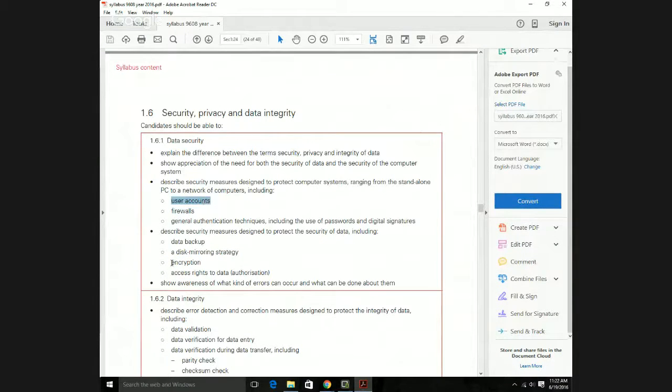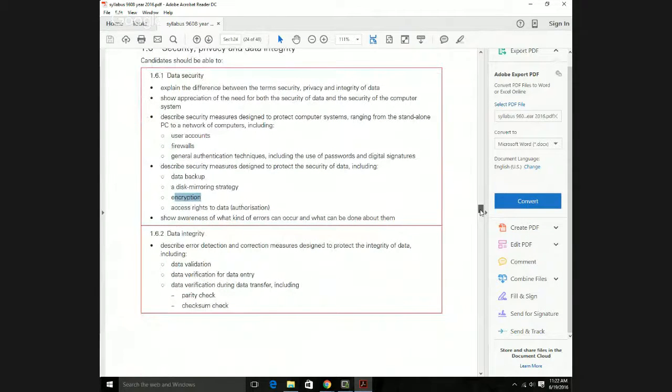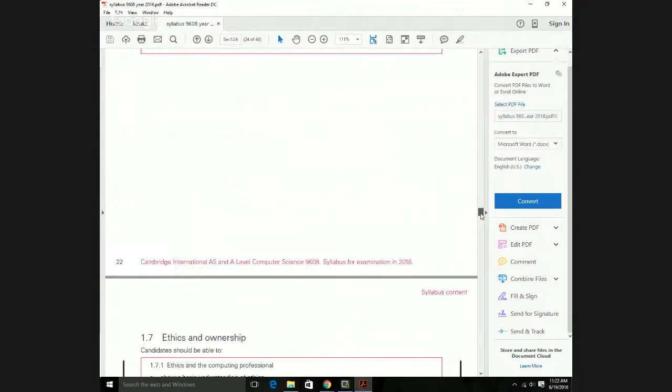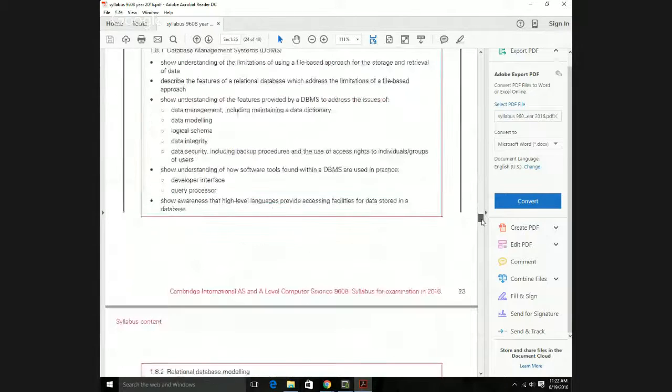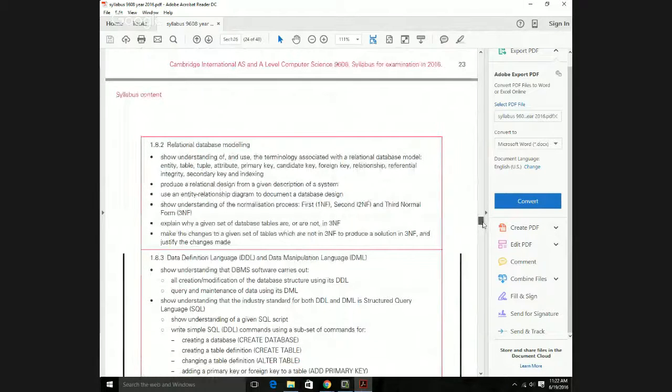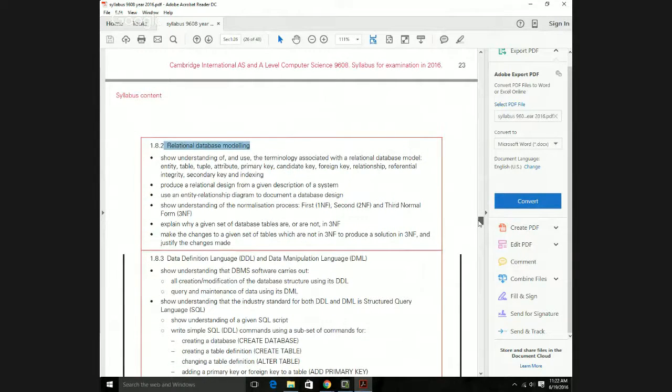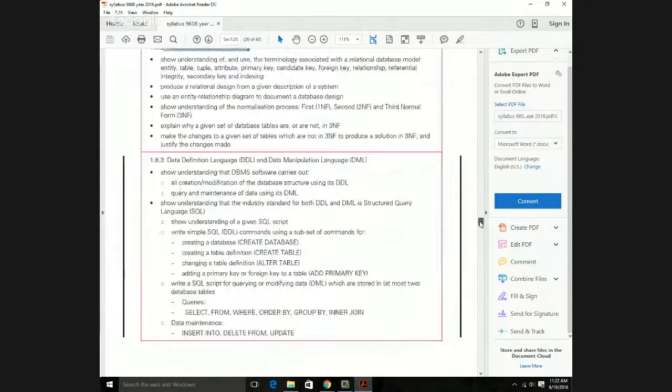This is also important, but this is very important. Again important are the parity check, the block parity, and all those questions, ethics and ownership, relational databases, that is RDBMS basically, SQL theories. So this is about paper one.